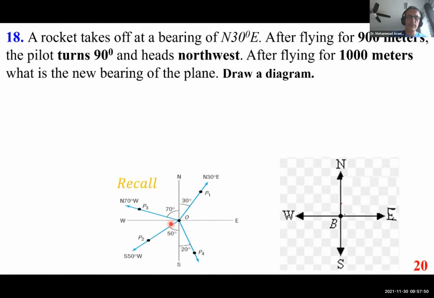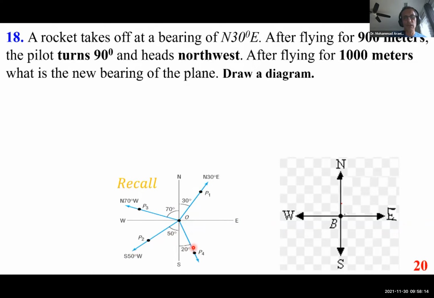Whereas this one, we have to mention south first, because the angle we mention must always be between 0 and 90 degrees. So first we mention south, then we mention west. What's in between? 50 degrees. Now, as an example, this one, I didn't put the answer yet.